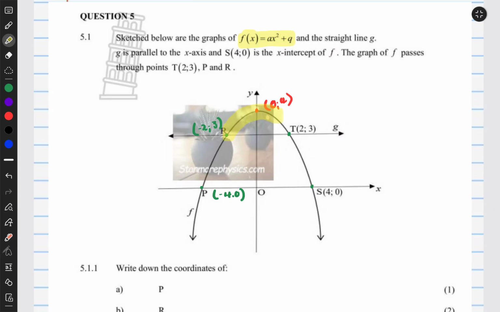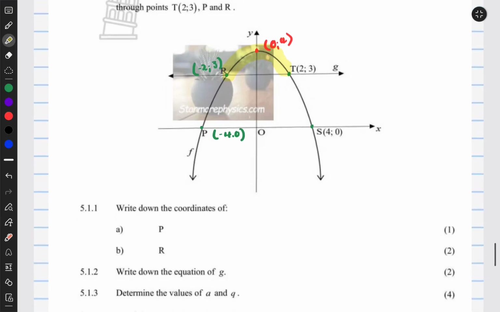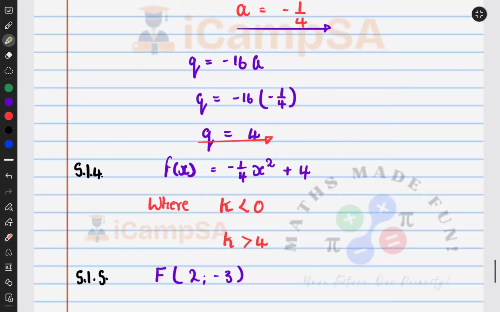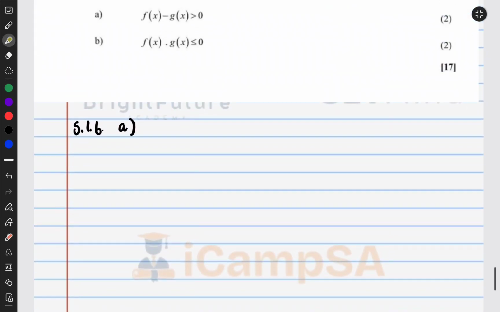So I think from here to here, that is when the graph is above. So when we subtract the graph of g from the graph of f, we will have a positive value. So it's from -2 to +2, basically, where x is greater than -2 but x is less than 2.